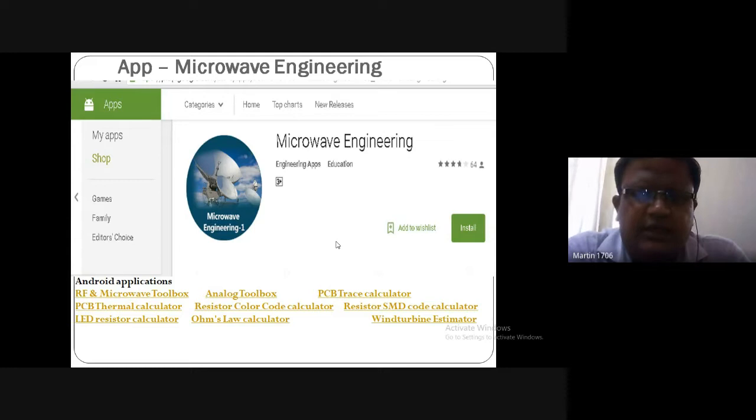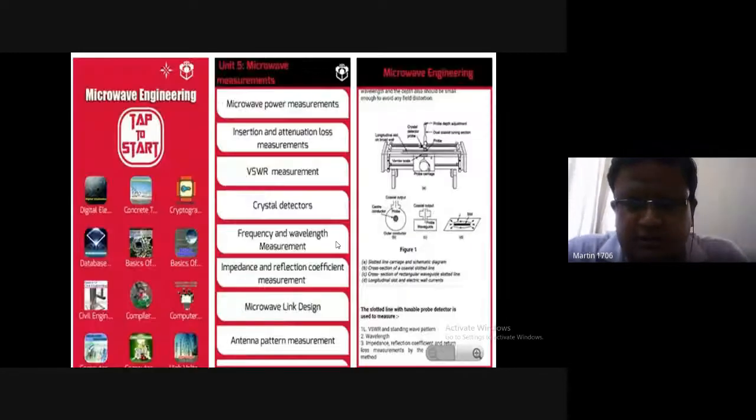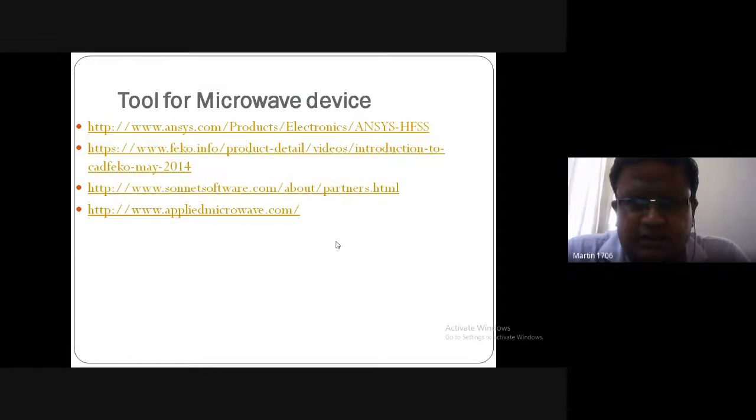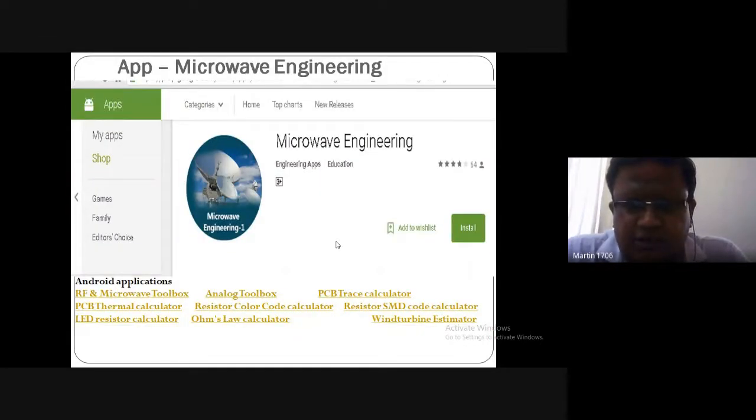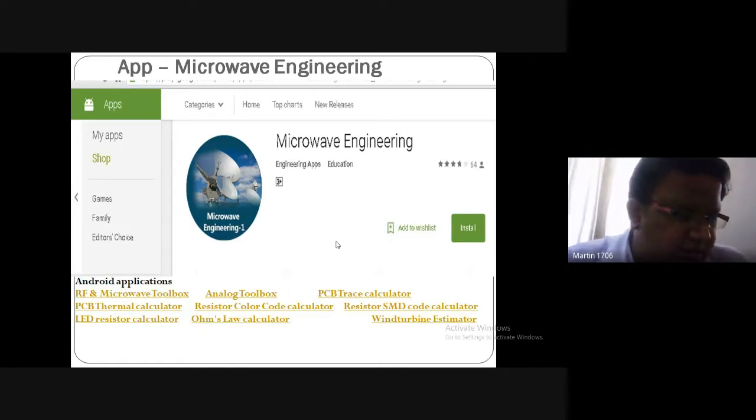I will mention what the deadline for the assignment link is, by the end of today's class. Okay, you can use any microwave engineering app. I have mentioned only a few things. So you can see these three I have mentioned above. One is microwave engineering. In the Play Store, you can go and you can get it. This is your textbook. You can see this is one of the textbooks, but this is not required.